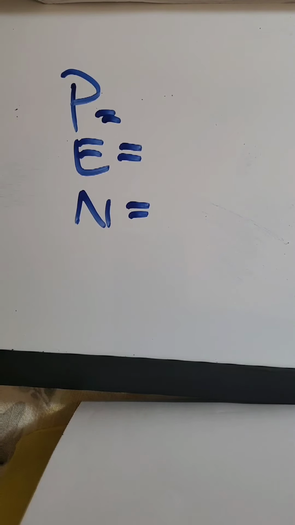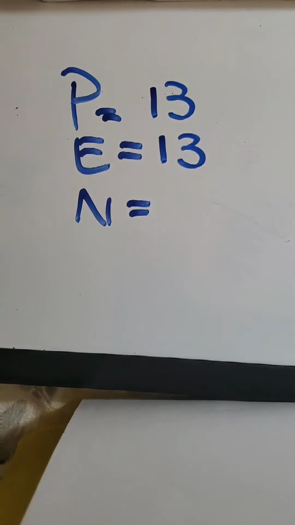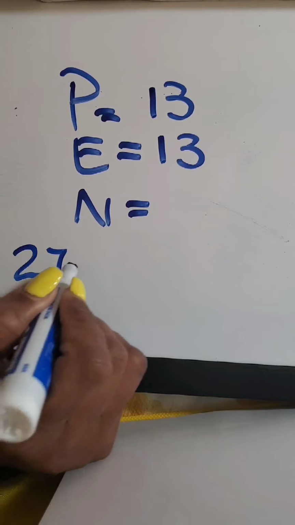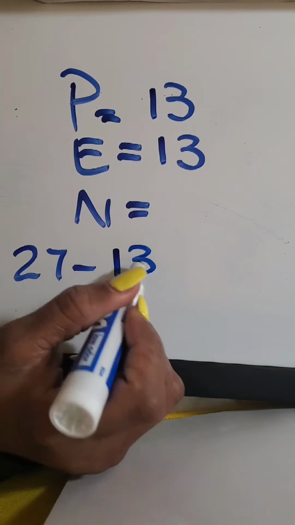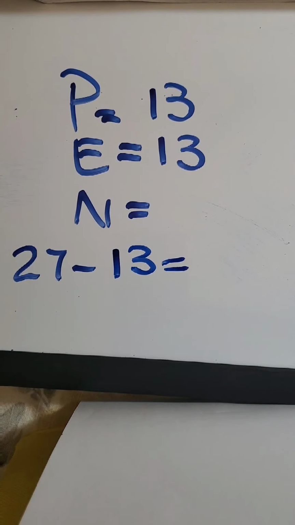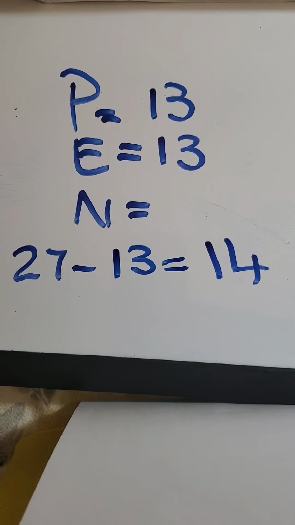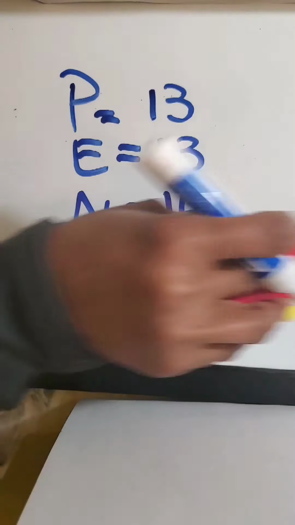And our electron will also be equal to 13. But then we have to calculate to find our neutrons. So we have to subtract the atomic number, which is 13, from the mass number, which is rounded off to 27. So 27 subtract 13 will give us an answer of 14. Therefore, the number of neutrons in this aluminum atom is 14.